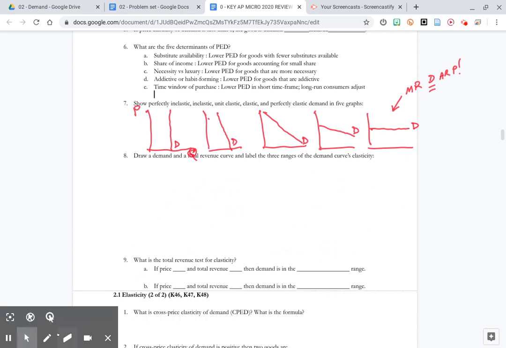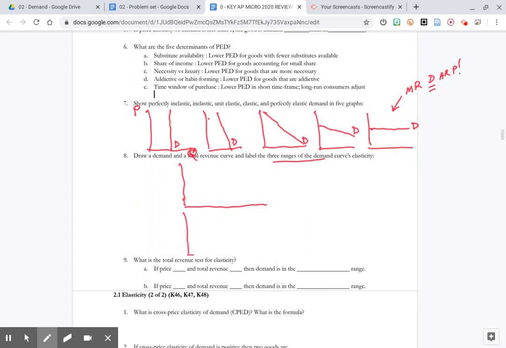Now we're going to take a look at, let's see here if I can scroll down just a little bit, and we're going to draw a demand curve and show the relationship between total revenue and demand. And actually we can note that there are ranges of a demand curve's elasticity. So we did this in class, and it's not going to be pretty with me doing it here, but we'll do my very best here. How about that? So we have quantity, and this quantity axis is the same.